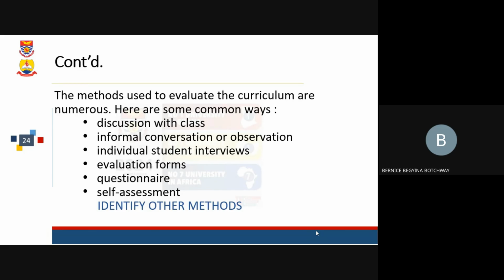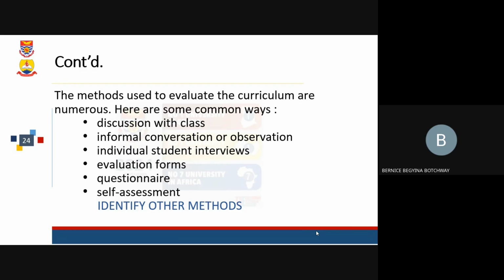We as teachers too can also have ways to evaluate the curriculum. It can be through discussion with class. It's not just the teachers, it can also be the curriculum evaluators, the experts. It can be through discussion with class rather than using those models that we have outlined, the CIPP model, Tyler's, the naturalistic, and the other models.